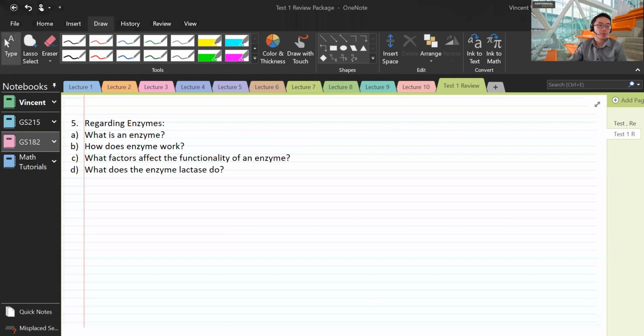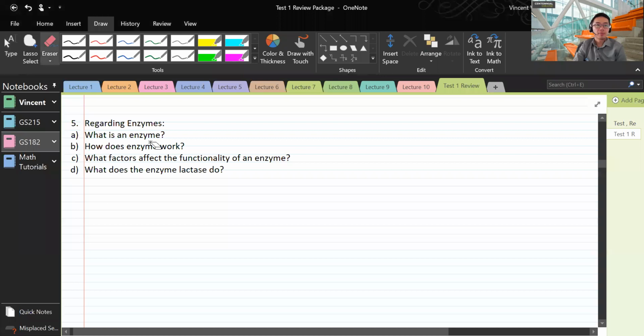Regarding enzymes, okay. So what is an enzyme? Enzymes are proteins. That's the first thing to know. Okay, they're proteins, so they're made up of amino acids. But exactly what are they?